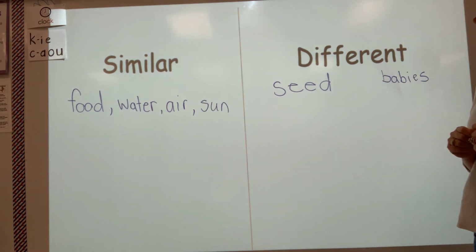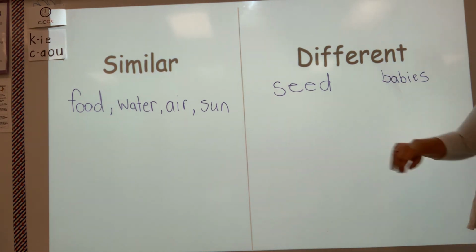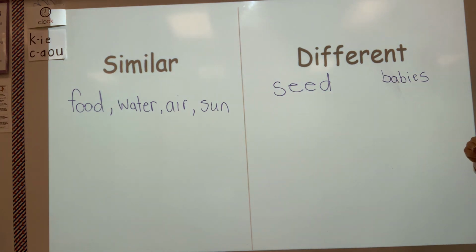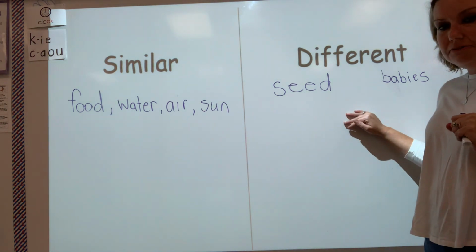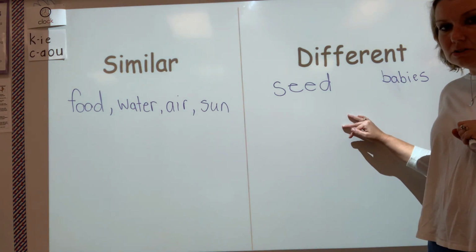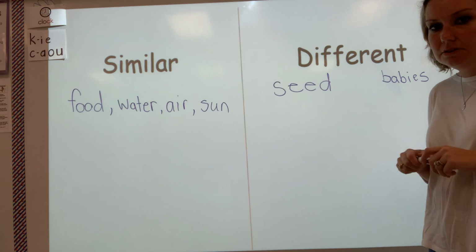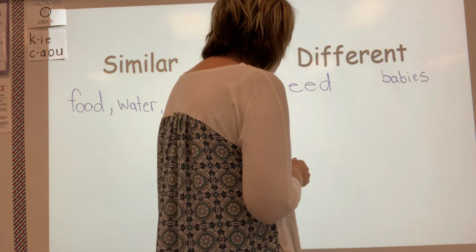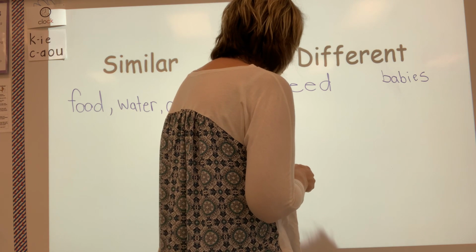Okay, so some ways that we're different is a plant begins as a seed, we begin as babies. Can we make our own food like a plant does, or do we have to hunt for food? So plants use photosynthesis. They make their own food.